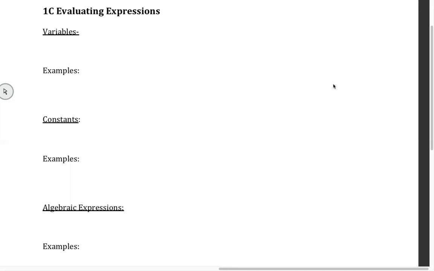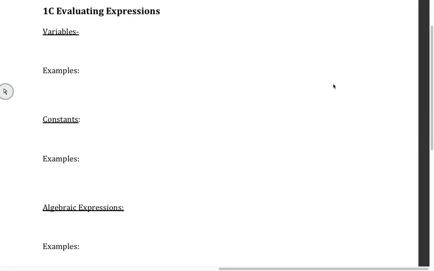Okay. So the difference between the two is this. Simplify means to reduce and to make an equation more condensed or simpler, by combining like terms or by reducing a fraction.